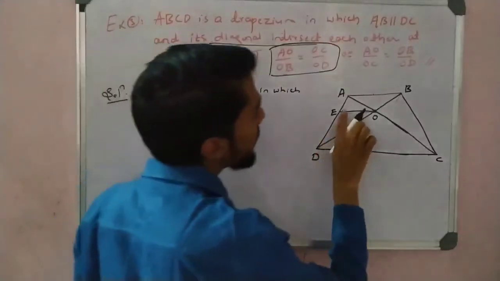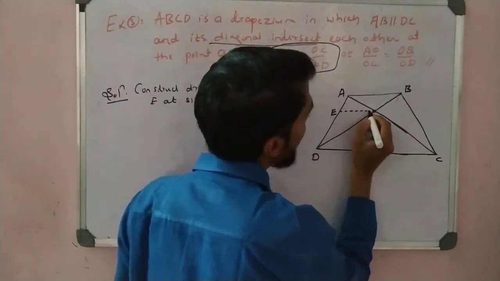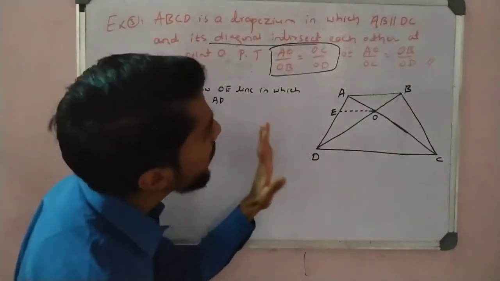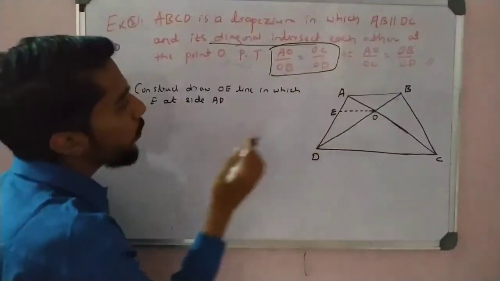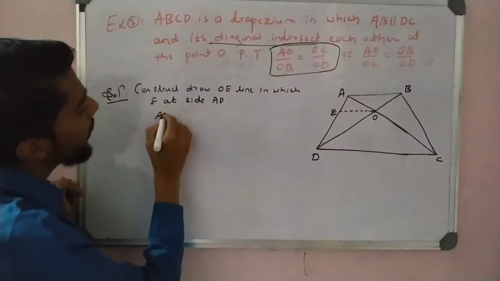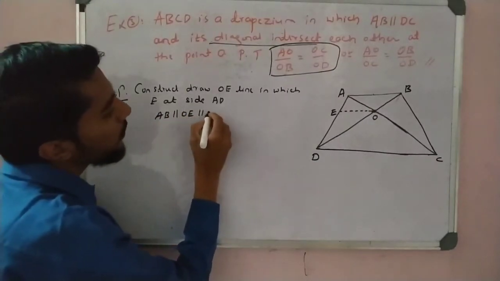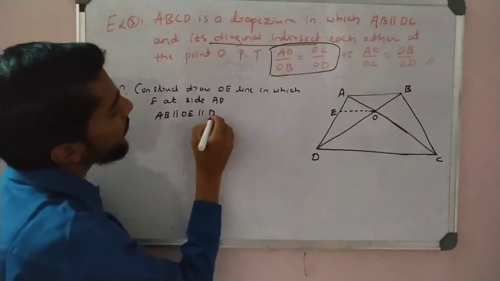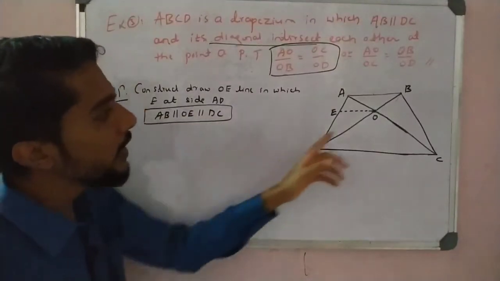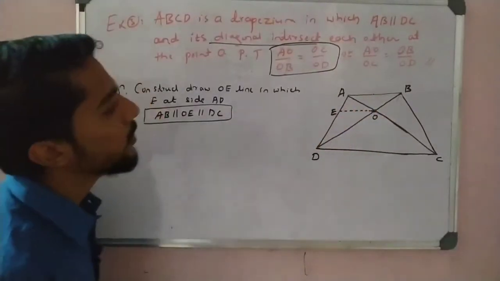I can make it dashed, because it is a construction. Remember, when you draw this, you must take it such that OE is parallel to AB and parallel to DC. That is our condition, right?